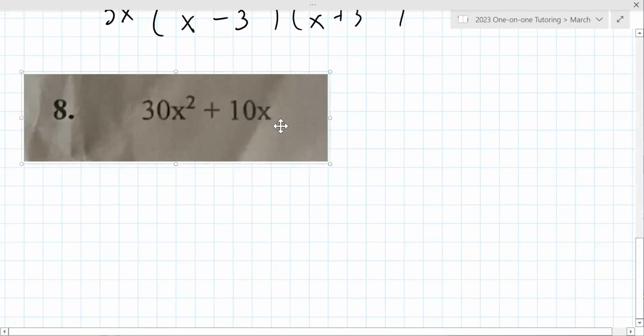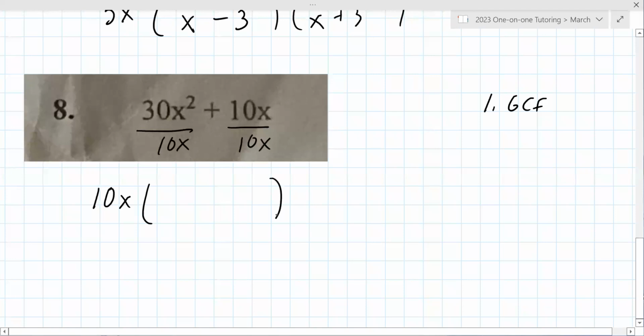All right, so is there a GCF here? And if so, tell me what that GCF is. 10. Okay, how about a letter? Are there any letters that go into both? 10x. Good. So you divide each of these by 10x. Tell me what goes in parentheses, please.